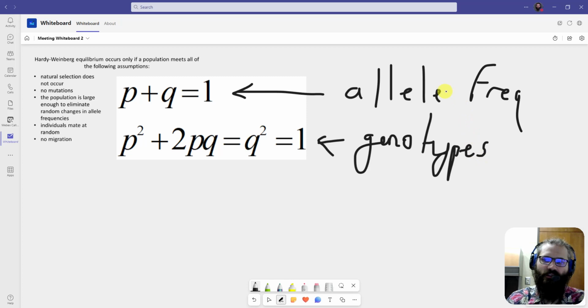I should say alleles and genotypes, frequencies. Writing with a mouse here. I should maybe use my iPad for that, but you know, it works.